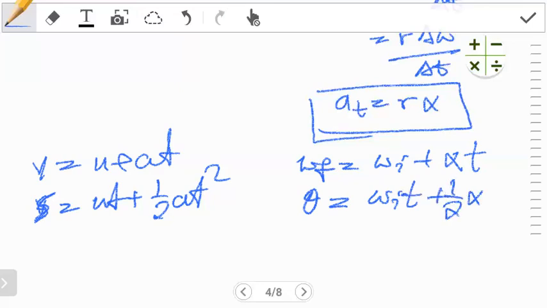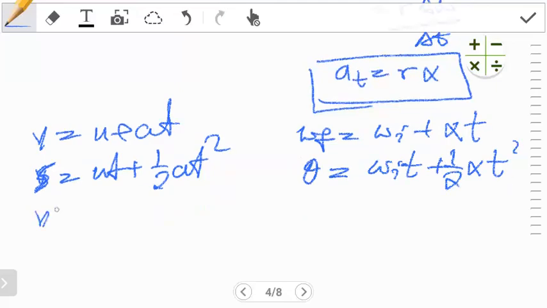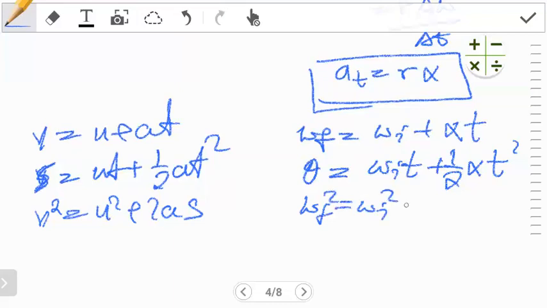And then the last one, which was v squared = u squared + 2as, becomes omega final squared = omega initial squared + 2 alpha theta. So this is the relationship. Basically, it's just the same. It's the change of units, the change of variables that we have to look at.